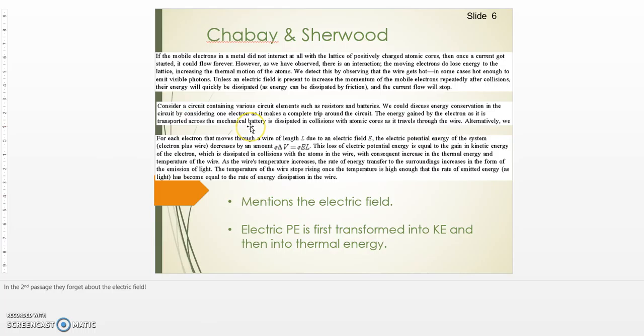The funny thing about that paragraph is that they seem to have completely forgotten about fields, and we're now talking about an electron gaining potential energy, which shows just how easy it is to make a slip when you're writing a textbook. Then in paragraph 3, which is on another page again, they're back on electric fields, and they provide an explanation that is consistent with the first paragraph.